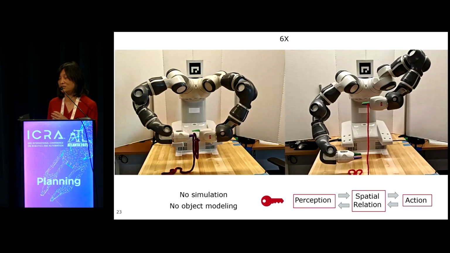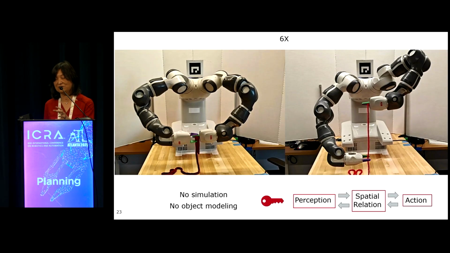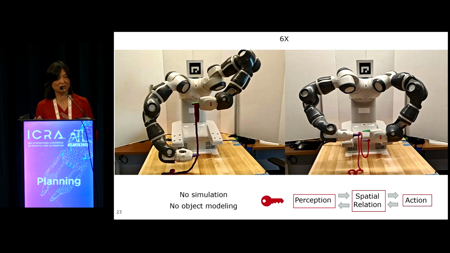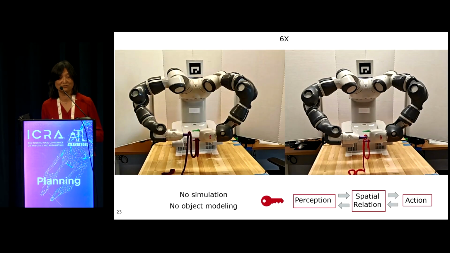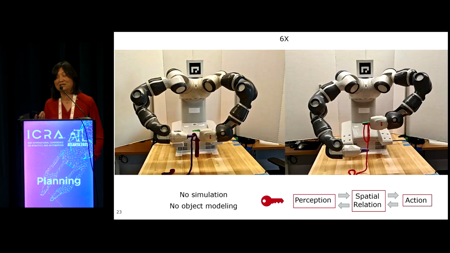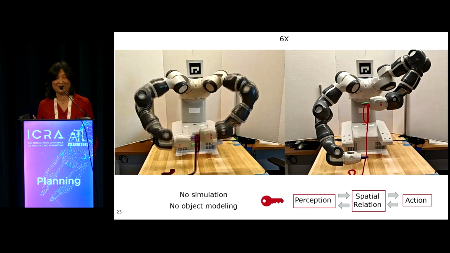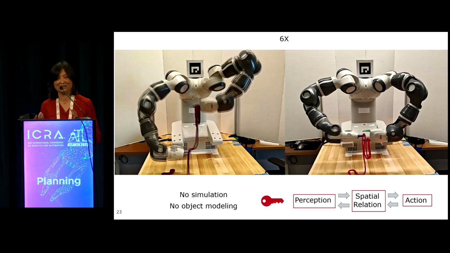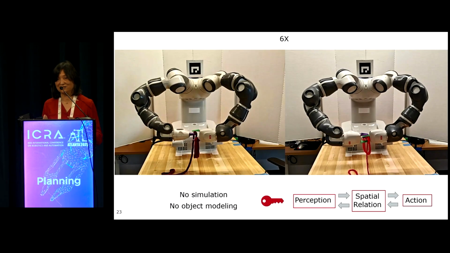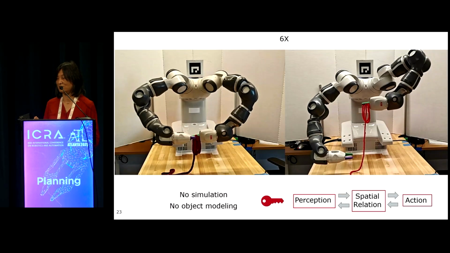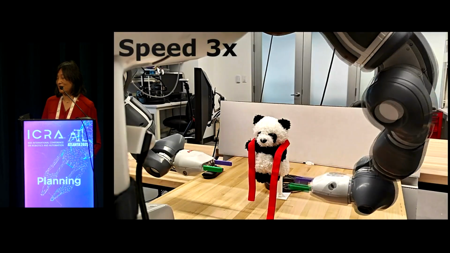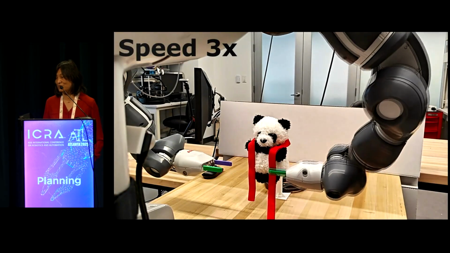So the key here is perception to perceive spatial relations, and based on spatial relations, we try to transition to the desired spatial relation. And this is inherently robust to uncertainty, right? Because any kind of situation can happen, as long as we detect it, we'll try to make a transition to a desired situation.